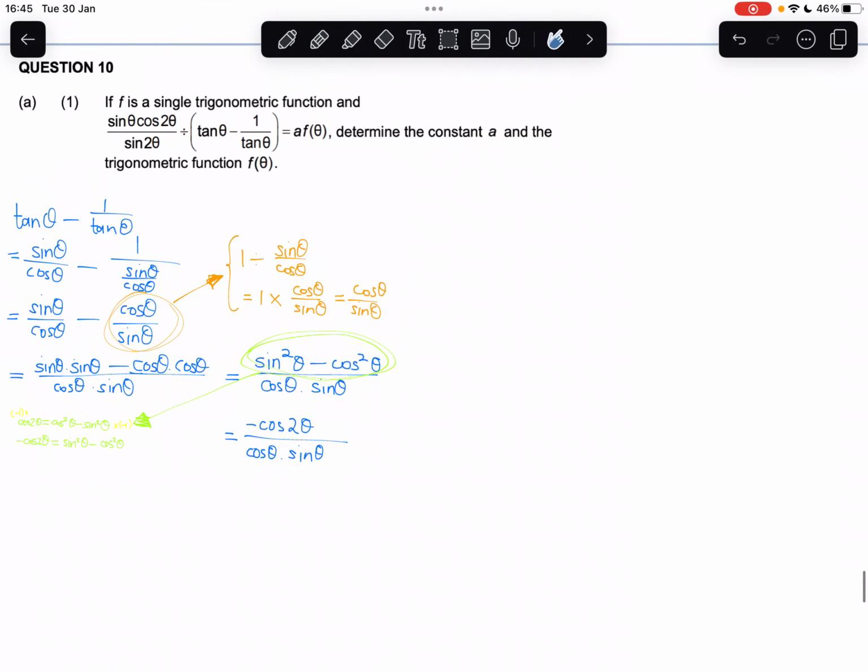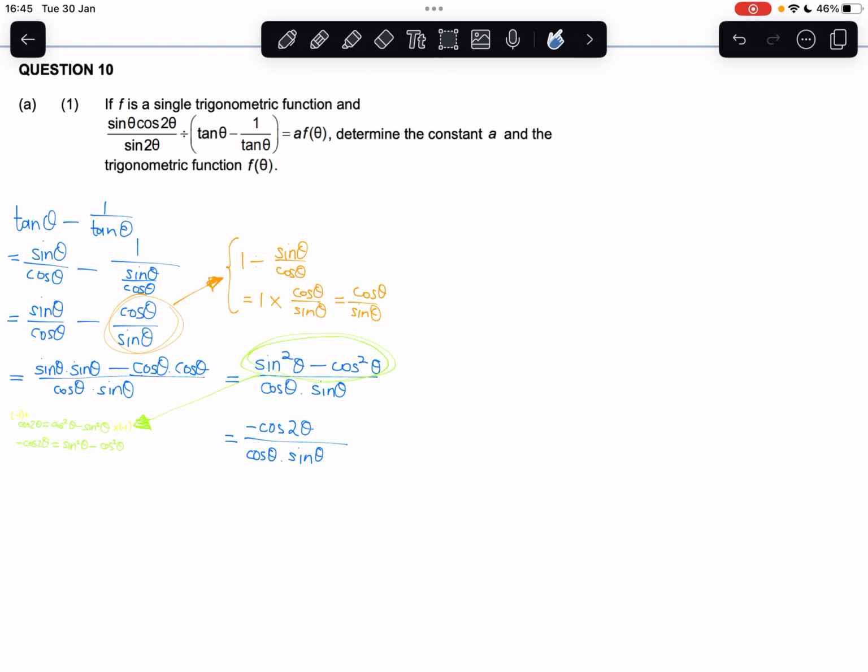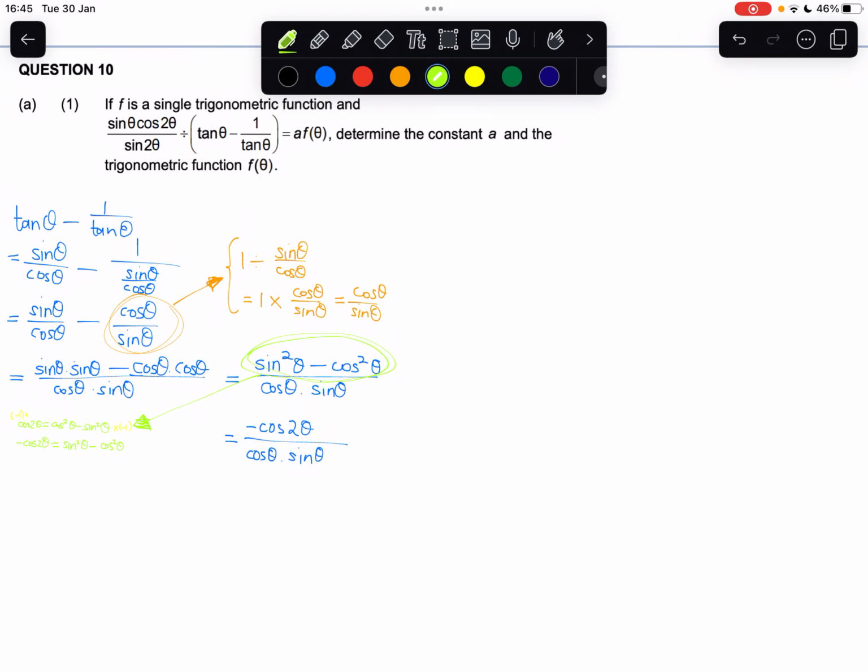Alright, I love that. Okay, so you know what? I'm just going to go with my intuition because what I'm already seeing is there is a cos 2 theta here that is potentially going to be cancelled by this one.